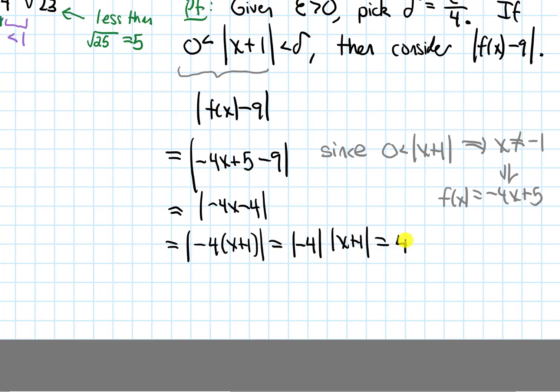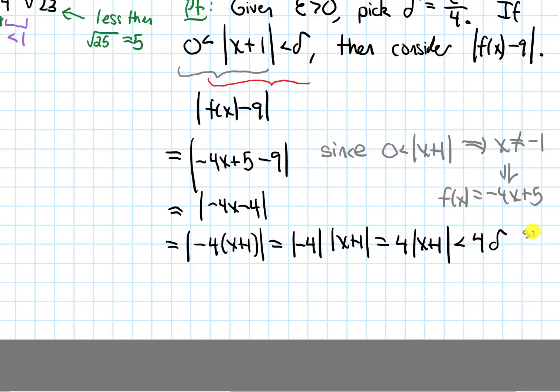Absolute value of negative 4 is positive 4 times absolute value of x plus 1. Now I'm going to use the other part of what we're given. The absolute value of x plus 1 is less than delta. So this will be less than, let's keep the 4 as it is, and absolute value of x plus 1 is less than delta, so I can write delta like that.